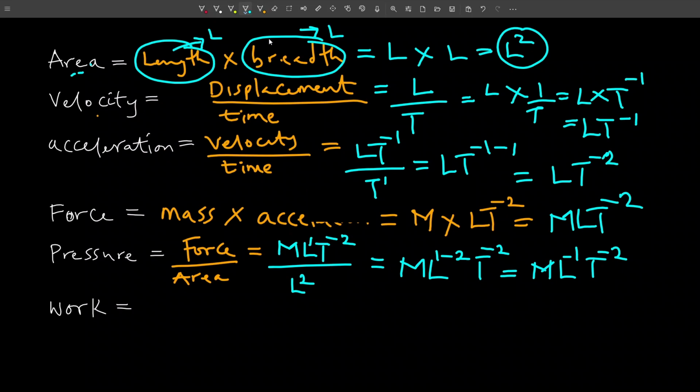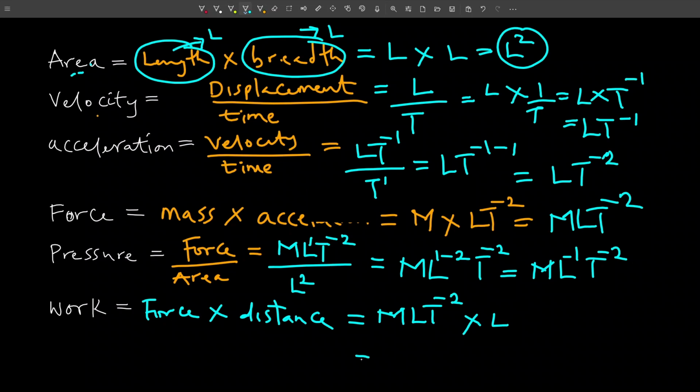I think that's clear. For work, we know that work is simply force times distance. The dimension for force, we got that up here to be MLT raised by minus 2, times the dimension for distance, which is L, because distance is also talking about length. So what's it going to give me?